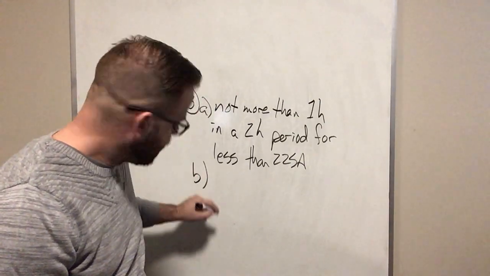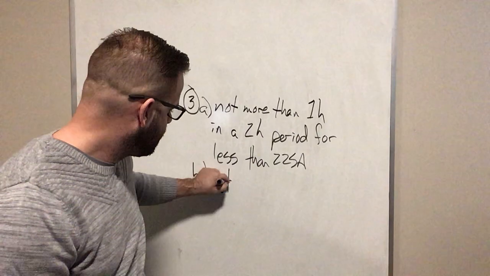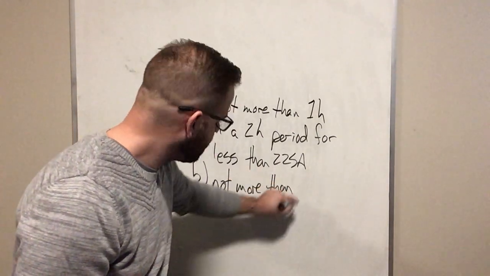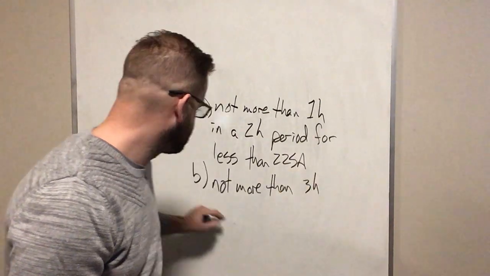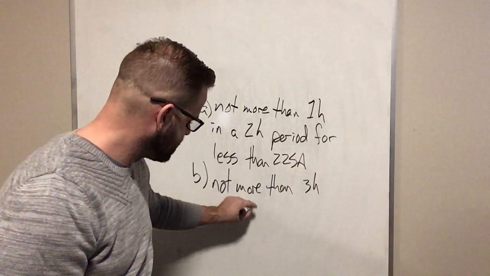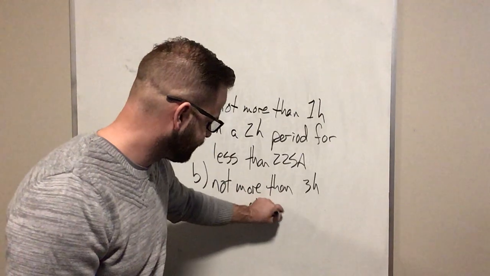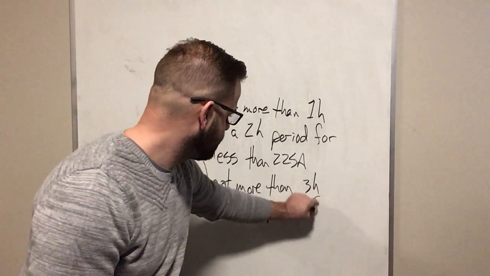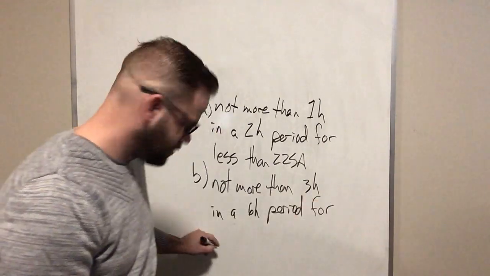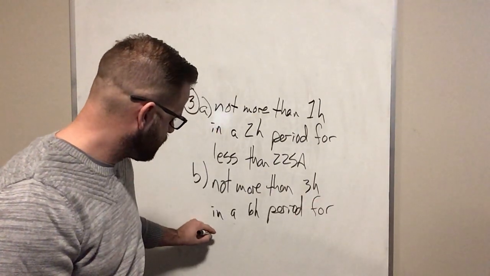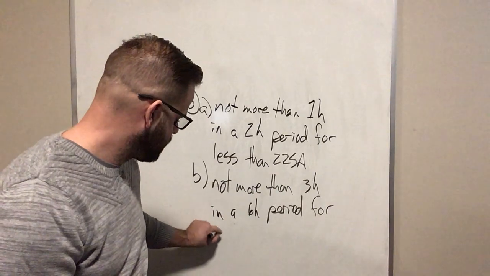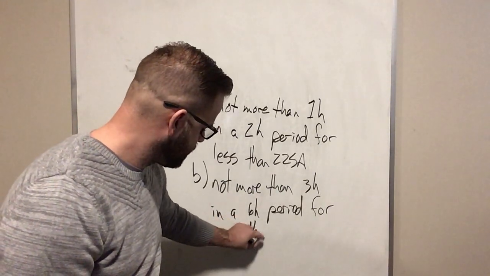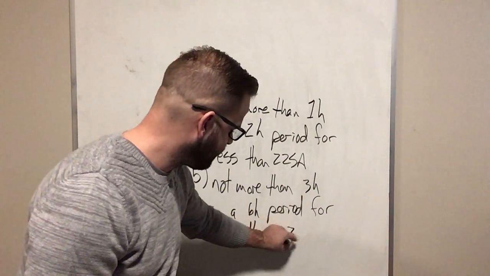And then B: not more than 3 hours in a 6-hour period for more than 225 amps.